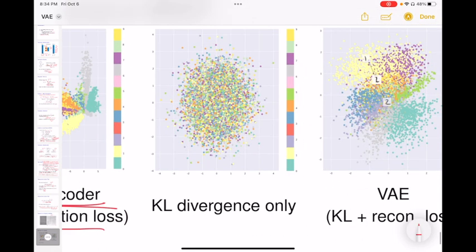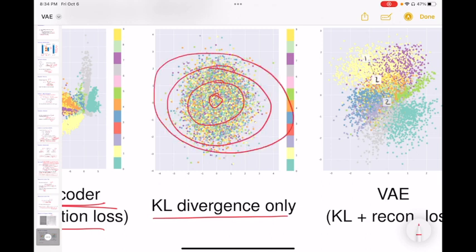Okay, but in the case when you only optimize over KL divergence, which is essentially trying to make sure that the latent representation follows a unit normal distribution, you'll see that all of your latent codes follow a normal distribution, which is centered and goes out like this.